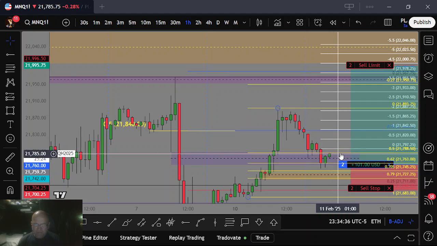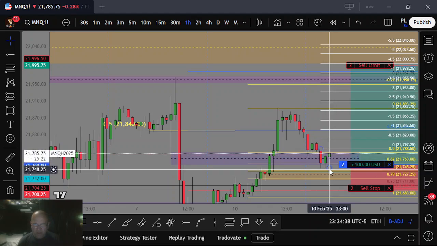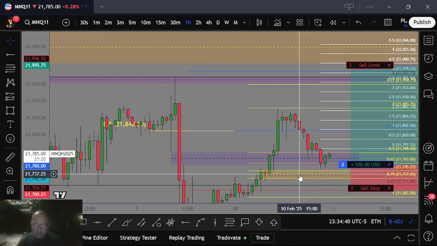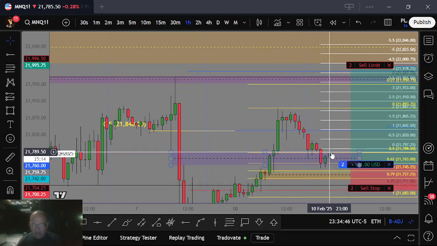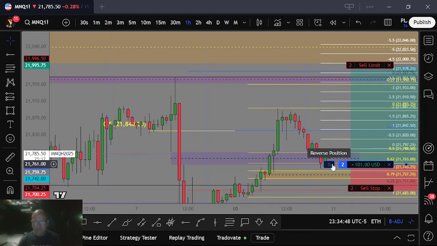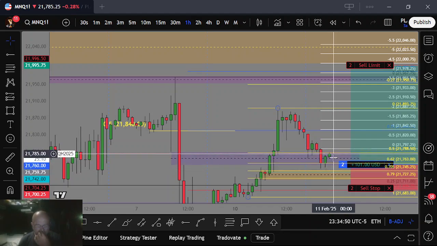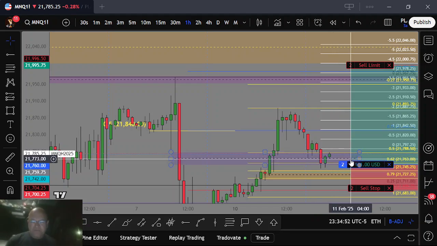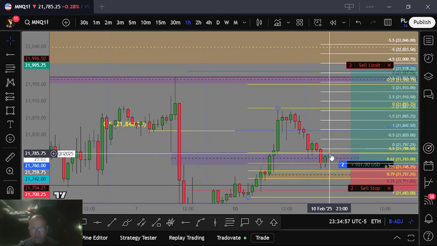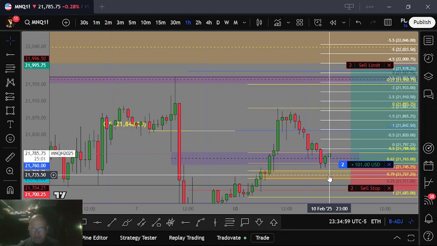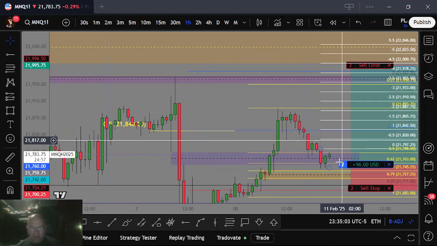Yeah, awesome. So we'd hold the top of that inverted and just bounce around for a little while. Because we've got 30 minutes, so it is possible we could fall in the next 30 minutes, tag this as the midnight open, and then bounce.